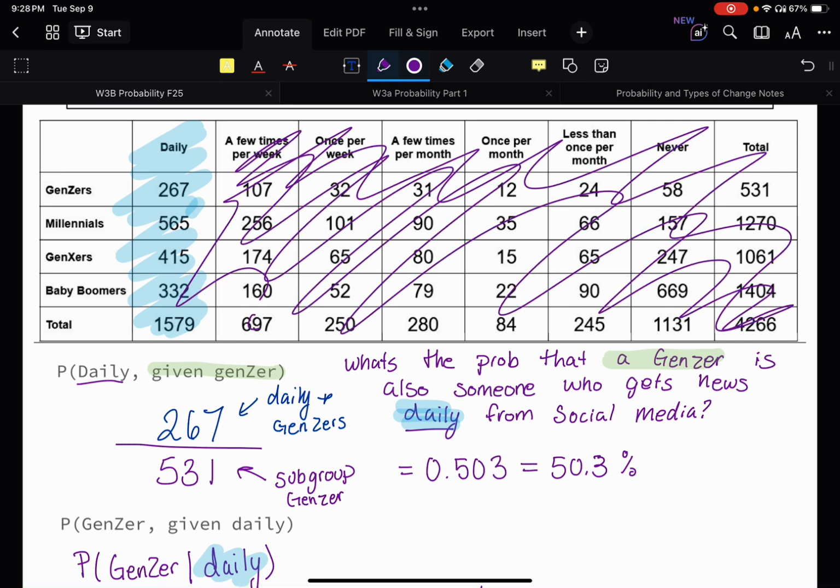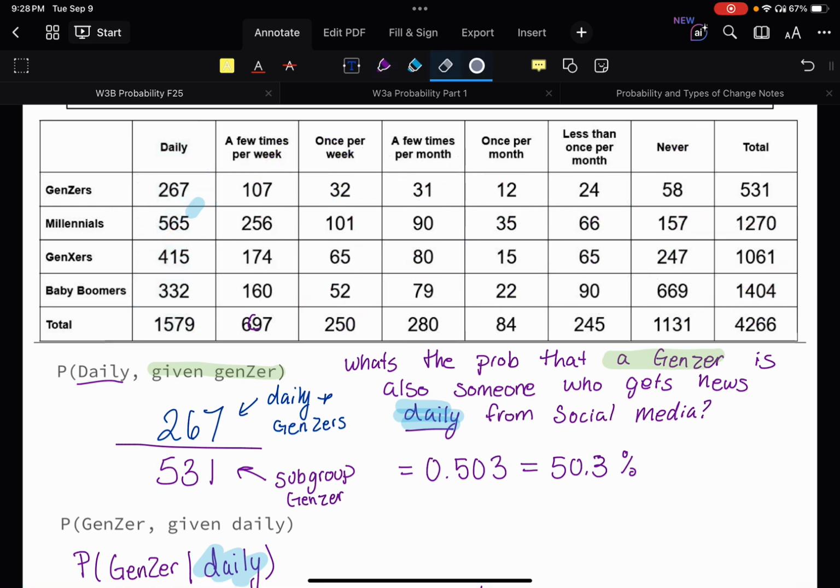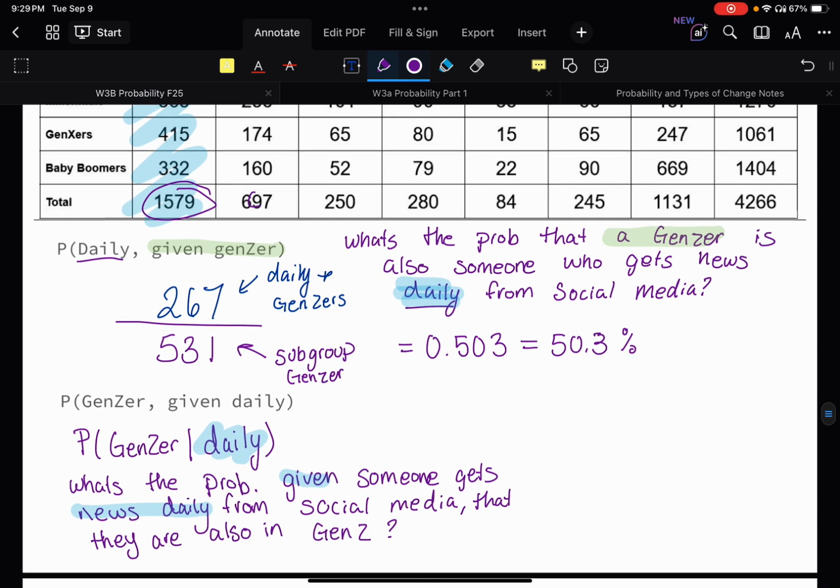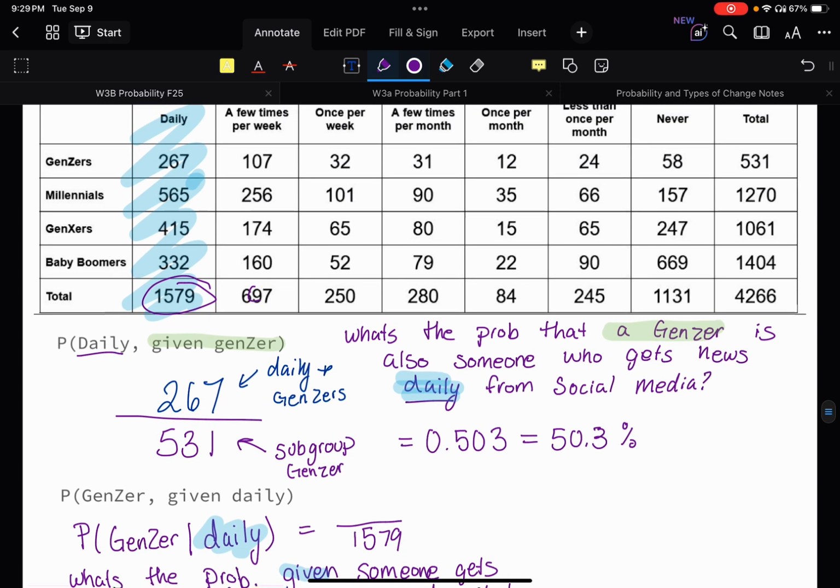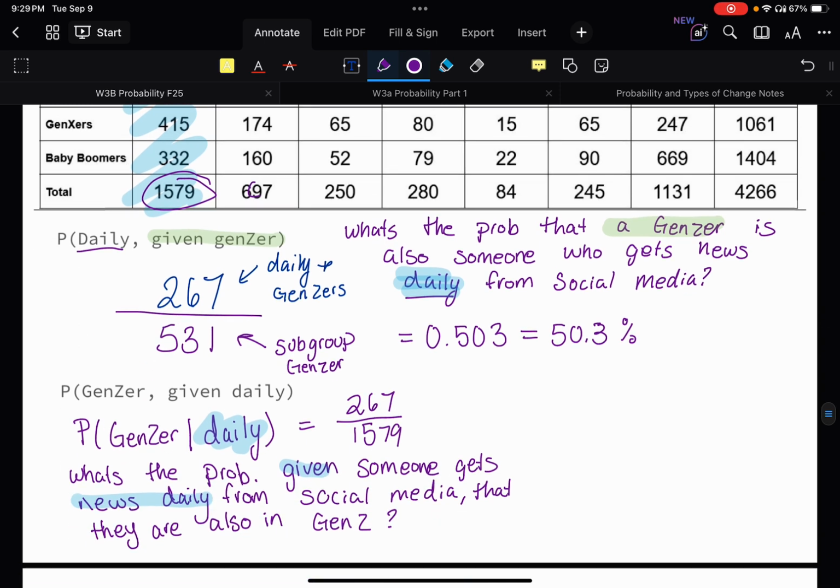And so now, I went a little too far there. Now my total is this 1,579. And of that, how many are in Gen Z? That overlap, the 267. So our subgroup now is daily.